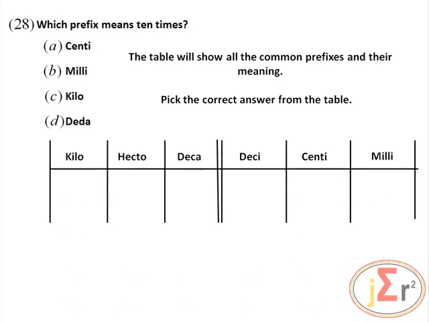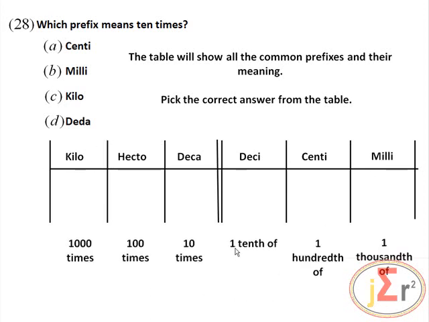So we have the table with the ones that we usually use: milli, centi, deci, deca, hecto, and kilo. We are starting here from the smallest to the greatest, from the milli to the kilo, and we are going to put what they mean.